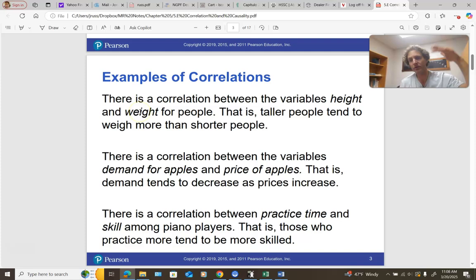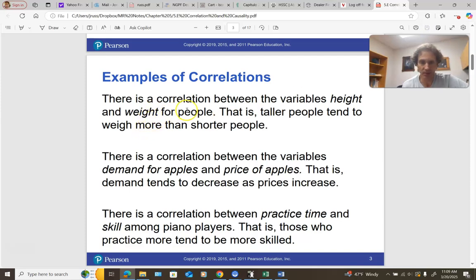Because as you get taller, you're also gaining weight. And so increases in that first variable, namely height, correspond to increases in that second variable, namely weight. Okay? Or in other words, the taller people get, they tend to also weigh more, okay, than shorter people.